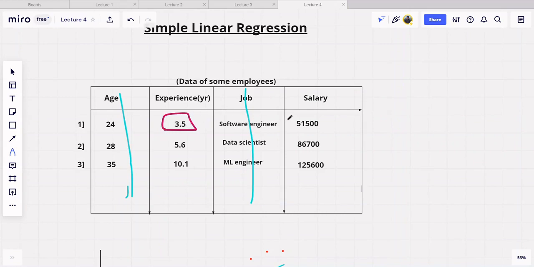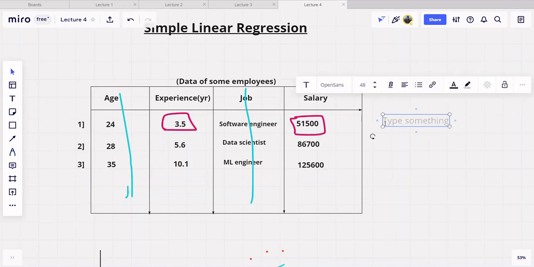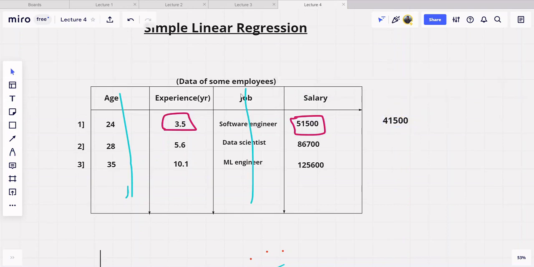Now we know the true value of y, the salary, is 51,500. Now let's say the model predicted that the value is somewhere around 41,500. This is the predicted value.